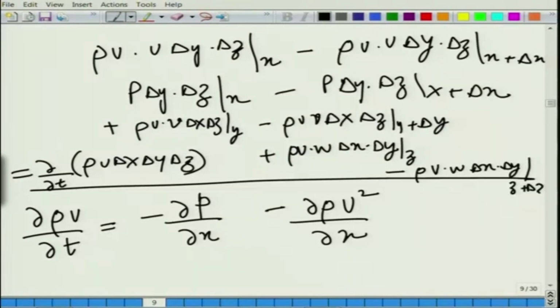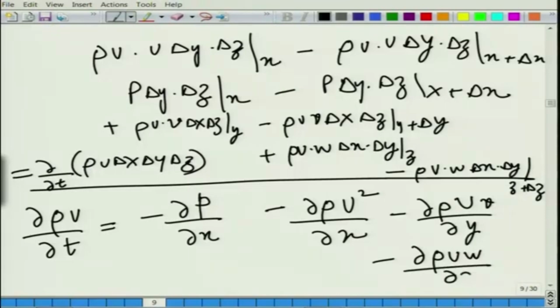plus delta z. So, now if you divide throughout by delta x, delta y, delta z, and simplify the expressions, we will get the following: minus rho u v times your y and rho u w z.